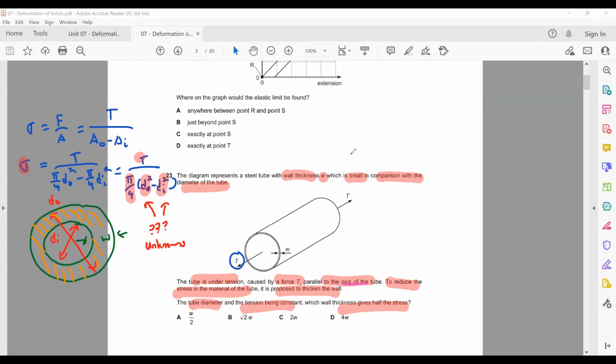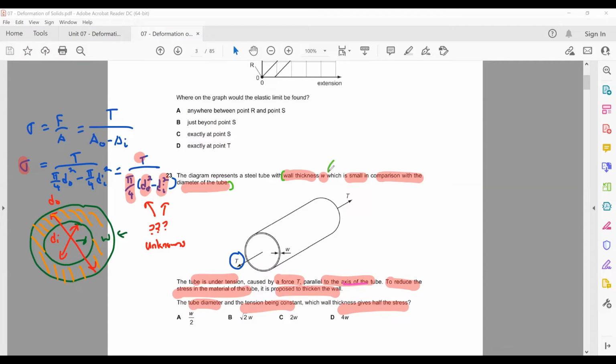For this question, there was a keyword where they told you that the wall thickness is small in comparison to the diameter of the tube.